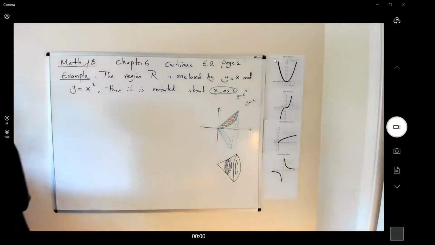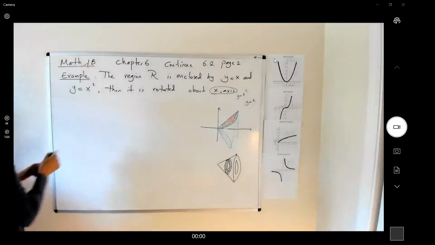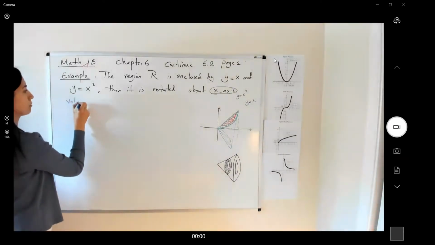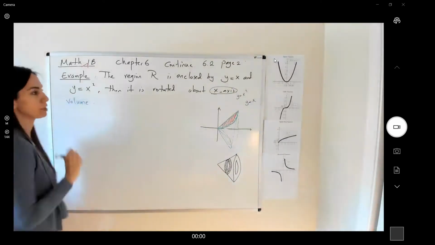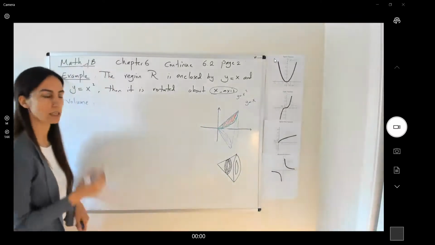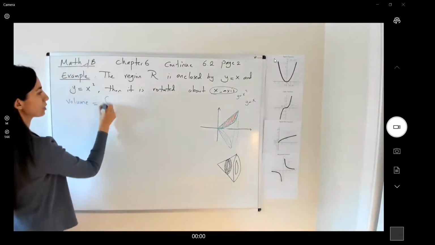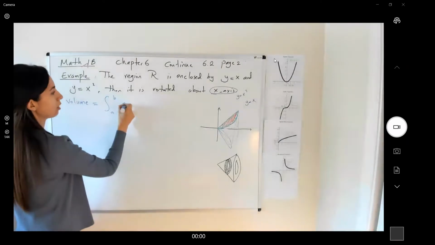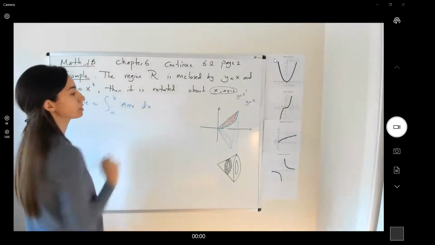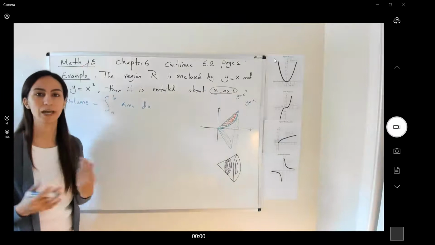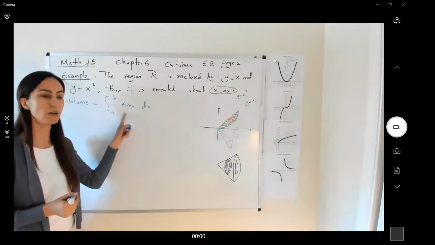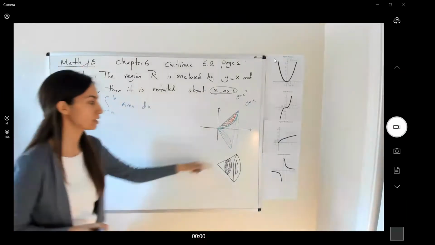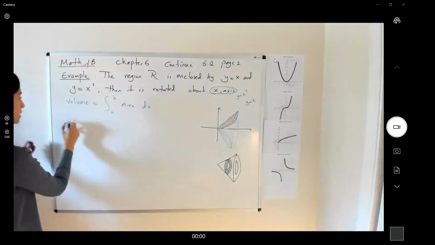We learned that the volume, when we rotate a region about x-axis, is equal to the integral a to b of area dx with respect to variable x. Our goal is to find this little area after slicing.